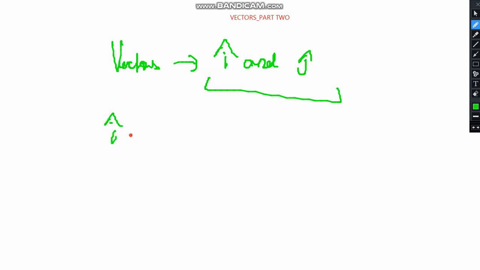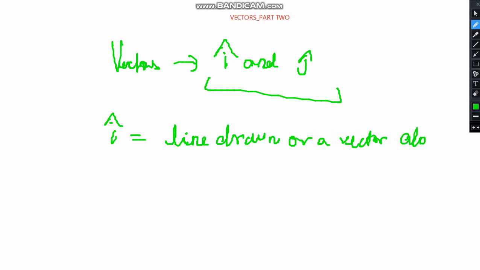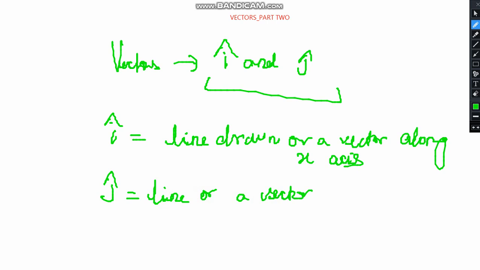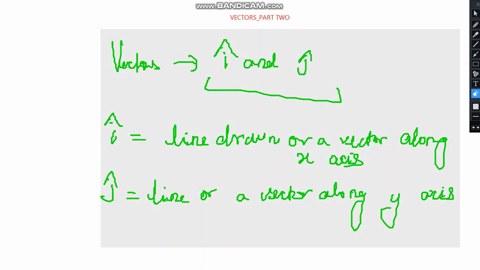I cap refers to a line or a vector along the x-axis. J cap is a line or a vector along the y-axis. This is very important to understand. Basically I'm referring to unit vectors. This is what i cap and j cap are, very useful.